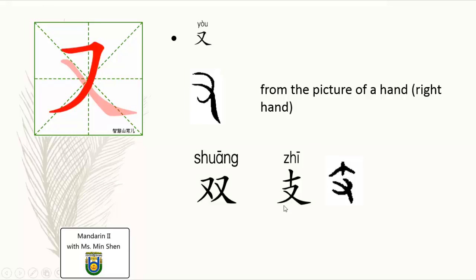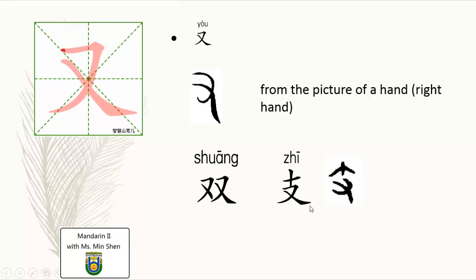And as for 支 today, we can understand the meaning as to appoint or separate. For example, one person holding a branch tries to separate a group of sheep, a group of cows, and tries to appoint them, to let them go in different directions, and that's why we can use 支配.